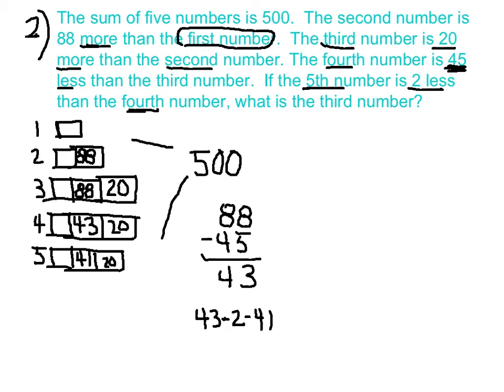All right, and we want to know what is this third number. Okay, I've got quite a lot of takeaways to do in order to get to my 5 equal boxes. So let's just get started. I notice first of all that I've got 2 88s. So 2 times 88.